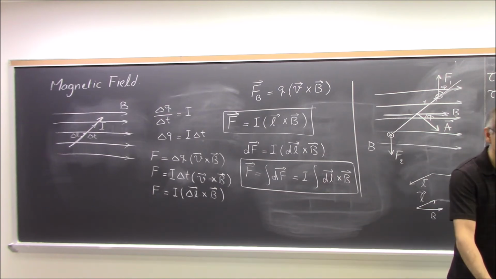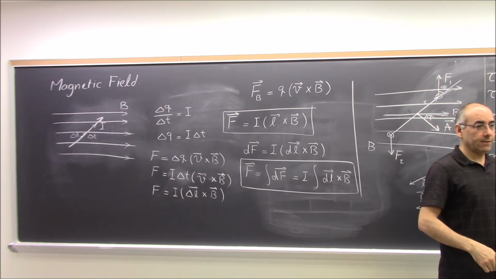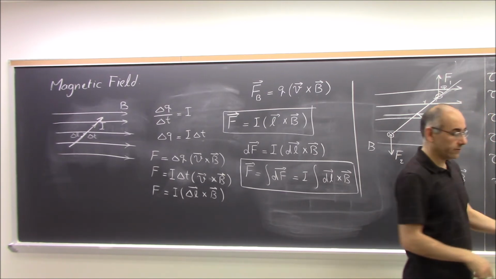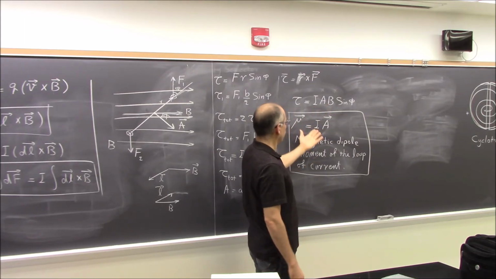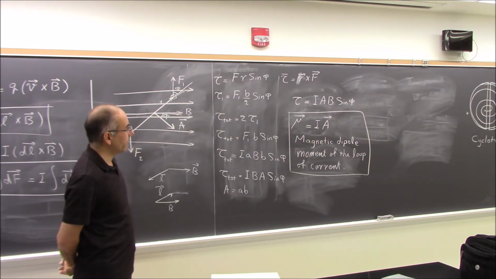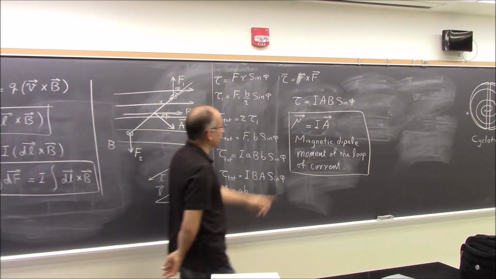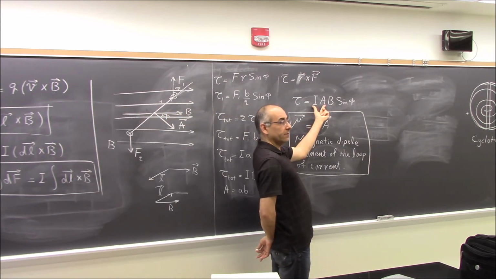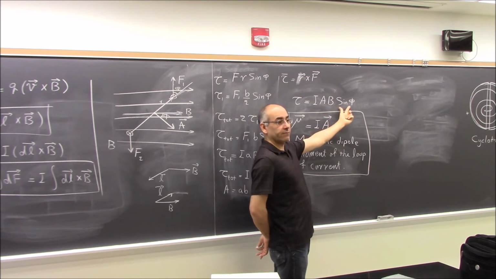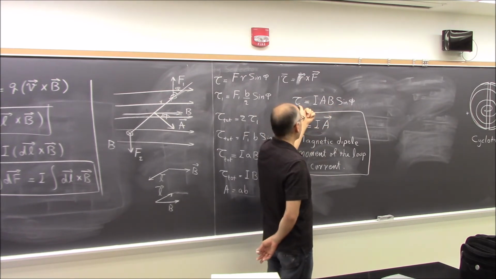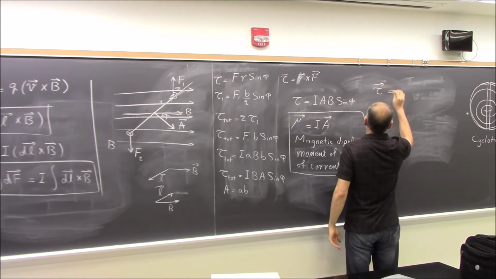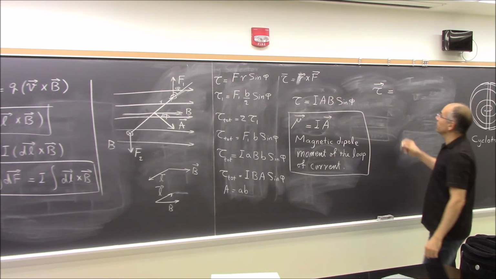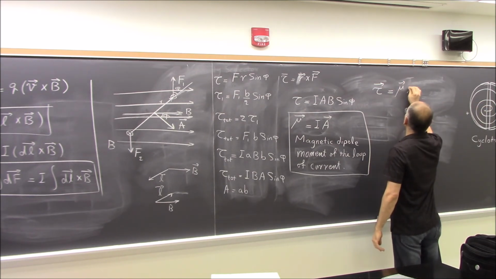How much current is going through the loop times the area, and it's a vector in that direction that we just defined. The torque will be I A B sine phi, and then we define mu like that. We call it magnetic dipole moment, mu. And then you see that this is the magnitude of mu times magnitude of magnetic field times sine of the angle between them. So tau can be written as a vector. The torque on a loop of current in a magnetic field is mu cross B.